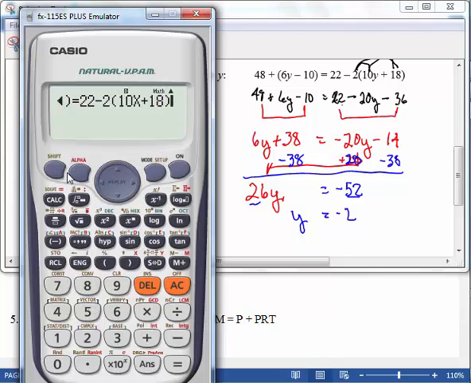And now since we're solving the equation, we're going to press shift solve. Solve that for x. Yes, that's what we want to do. And I get negative 2. So my check worked. Next one.